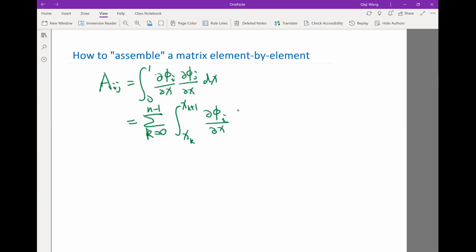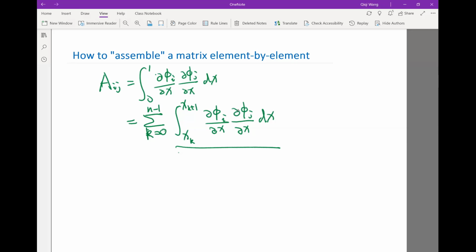Okay, so essentially the big matrix is split into the summation of equally big matrices, but each matrix is just the integral of the product of a pair of basis functions on one element.